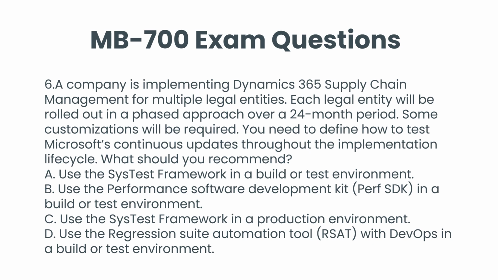A. Use the SysTest Framework in a build or test environment. B. Use the Performance Software Development Kit, Perf SDK, in a build or test environment. C. Use the SysTest Framework in a production environment. D. Use the Regression Suite Automation Tool, RSAT, with DevOps in a build or test environment.